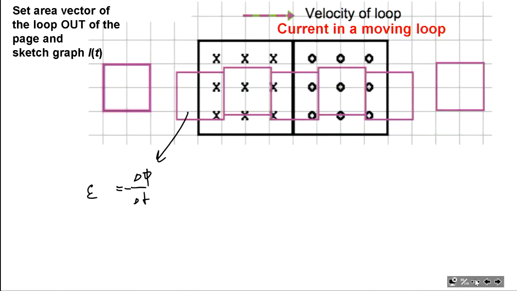But also, we could look at this loop as made of 4 rods. Number 1, number 2, number 3, number 4. The rod number 1 is outside of the magnetic field. Nothing can be induced in it.